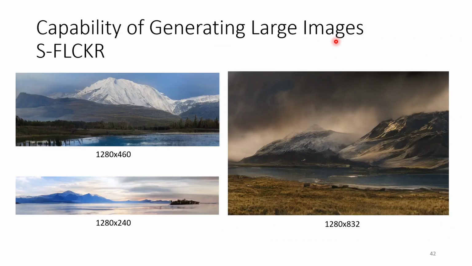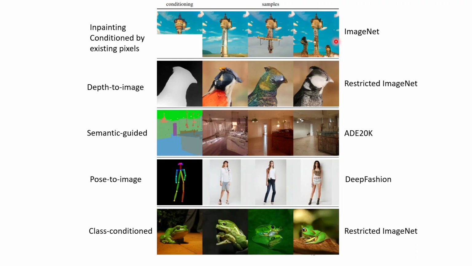So this is the S-Flickr, and here this is the image data set. For this, they can crop a region and use the remaining part to generate the results. Why? Because once they can see this part, their transformer can predict the next latent code here.